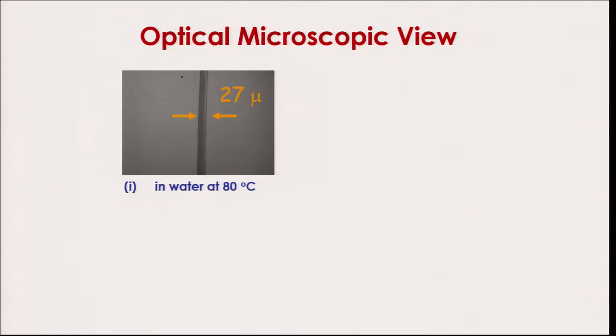The fiber which is made from this, in the dry state, has a diameter of about 27 microns, and if I put the same fiber at 80 degree centigrade in water, it remains in the same shape. It is stable, it does not dissolve, the dimensions remain the same, because it is at a temperature above the transition temperature.